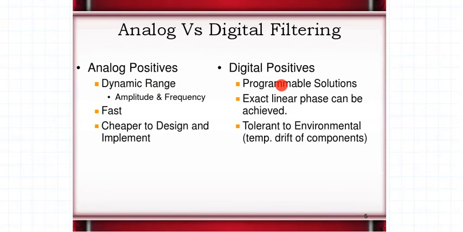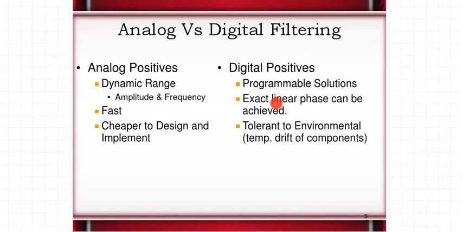That is the biggest advantage of why we go for digital filters. We do not have to hamper our hardware or make any major changes to it. A small change in the algorithm, a small download of the algorithm into the processor, simply gives us a completely new digital filter, and hence we say it's a programmable solution.